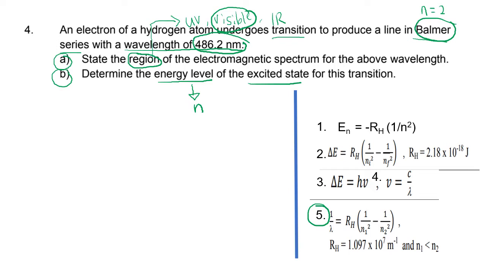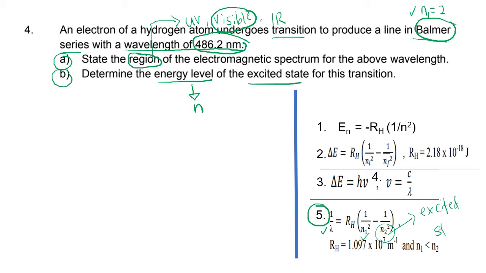Because wavelength is given, and one of the n is given, and this n is referred to as n1, because finally the electron drops to form Balmer series. So n1 is 2. So RH, Rydberg constant, is given. So n2 here represents the excited state.